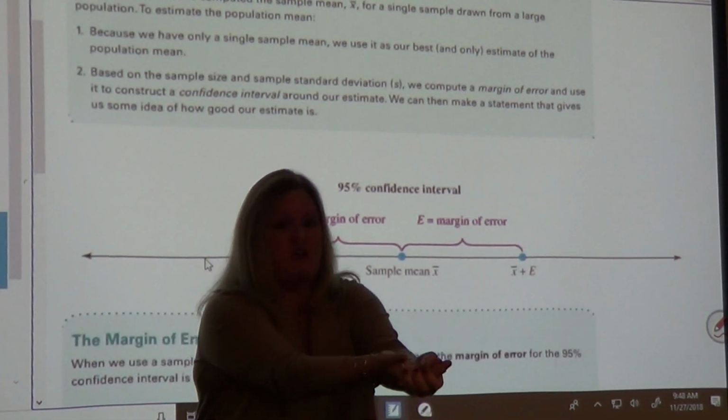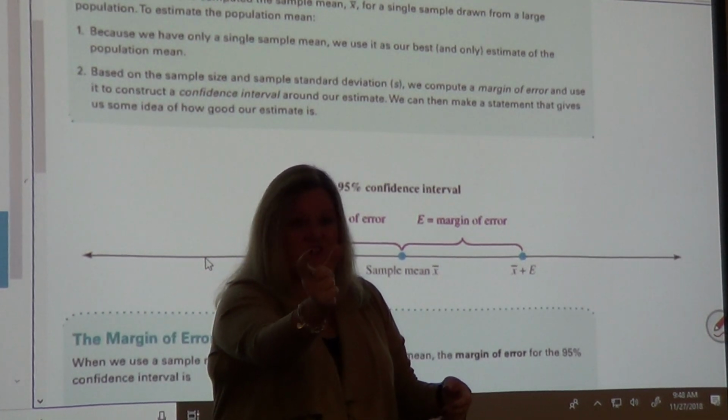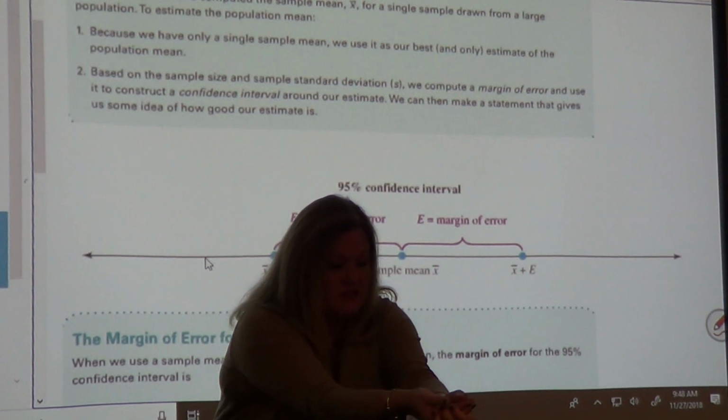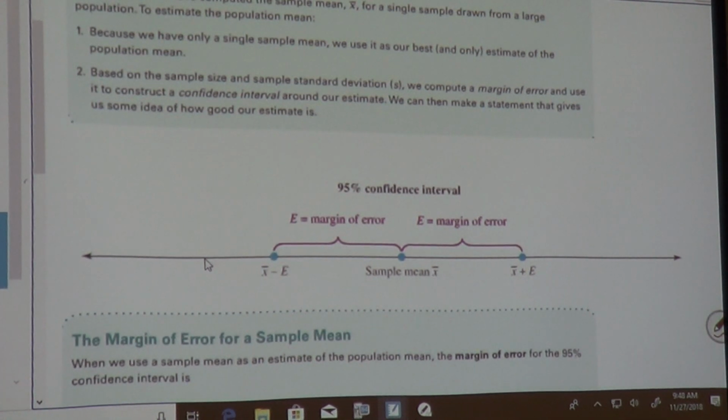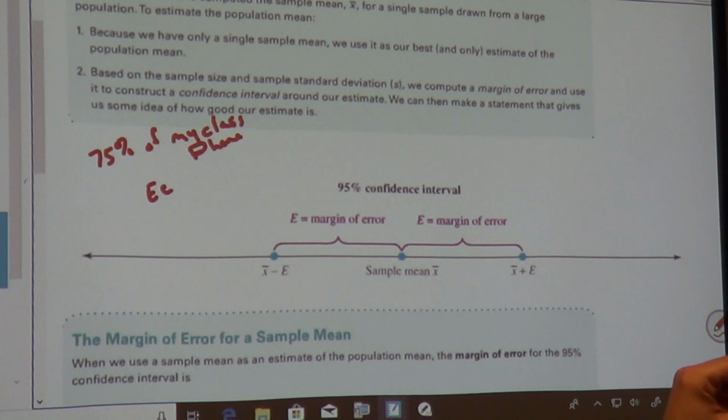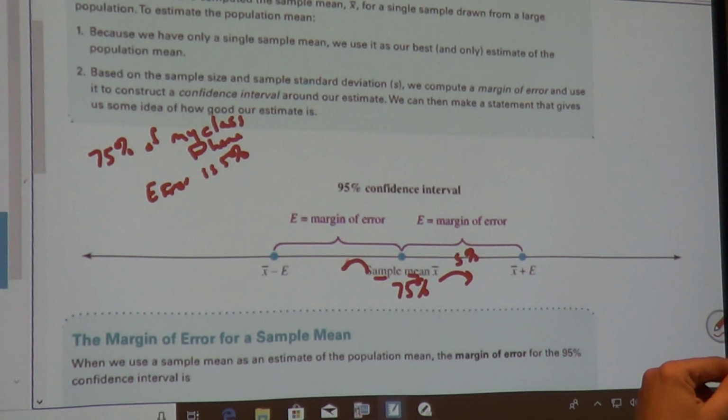So if I said 75% of y'all have a phone, and the margin of error is 5%, I would take 75%, which is my class, the sample, and wiggle 5% in either direction. 75% plus 5% would give me 80. 75% minus 5% would give me 70.